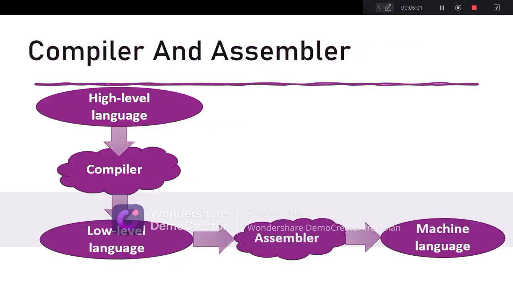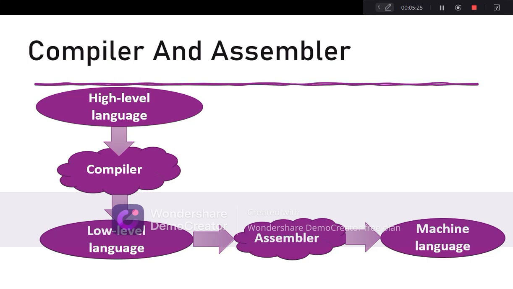Okay, but we have a problem. Humans write high level language, but the computer understands machine code. To solve this problem, we need an intermediate level: the compiler and assembler. The compiler and assembler translate high level language to low level language.